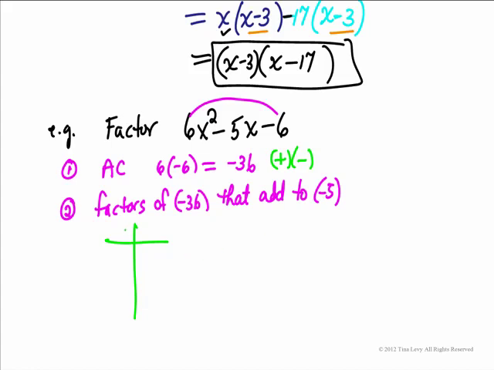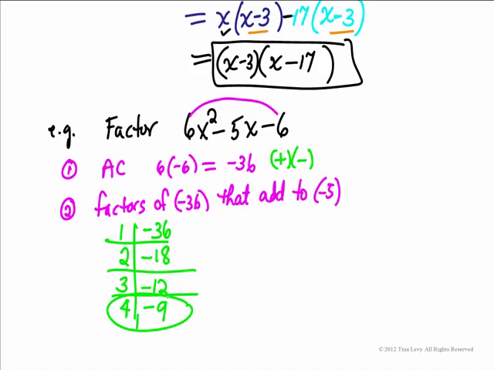So we have 1 and negative 36. That doesn't add to negative 5. 2 goes into that, negative 18. They don't add to negative 5. 3 goes into that, negative 12. That doesn't add to negative 5. The next one, 4, goes into negative 36, and we have negative 9. We've got the two that sum up to negative 5.